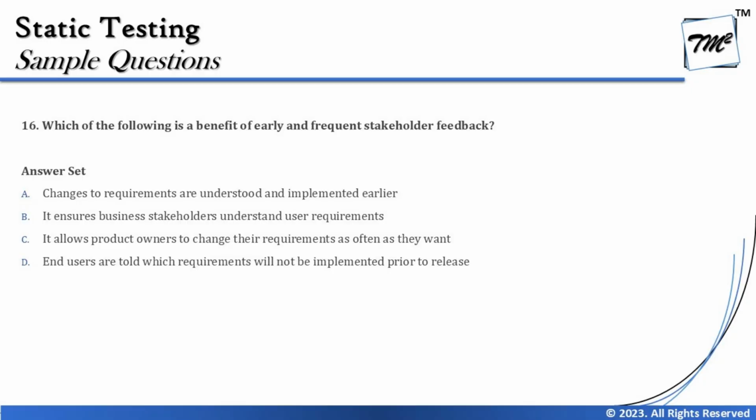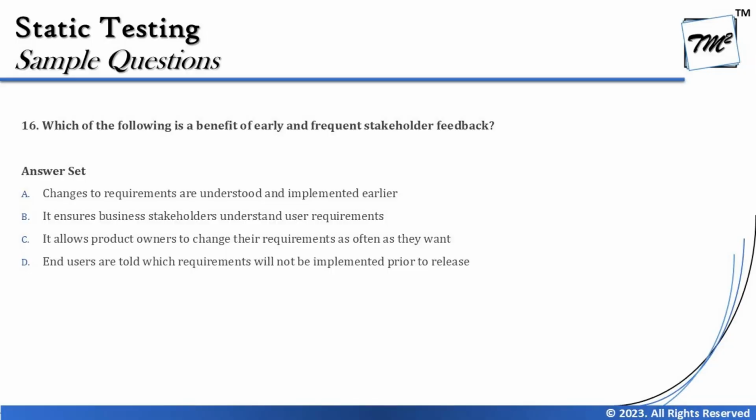Another important keyword here is end user. If you see carefully, end users are told. Now there's a big difference between end users and the business stakeholder, right? You don't go and talk to the people in the market that, hey, we are not going to implement this, and that does not happen by this early and frequent feedback. So please keep in mind what exactly the question is.